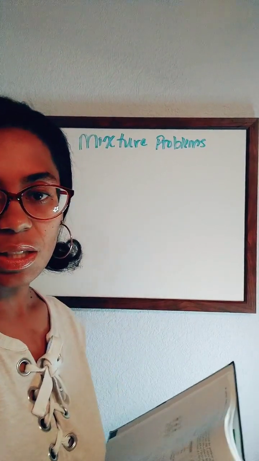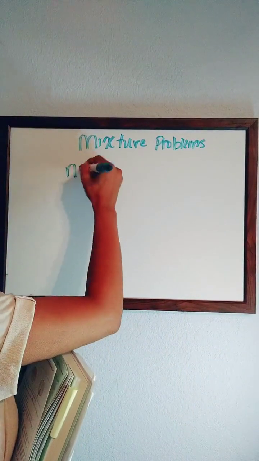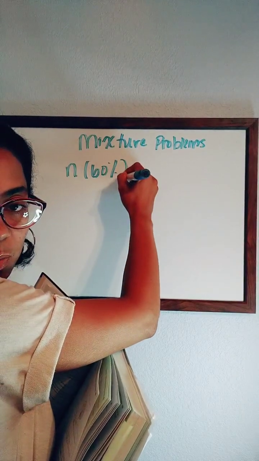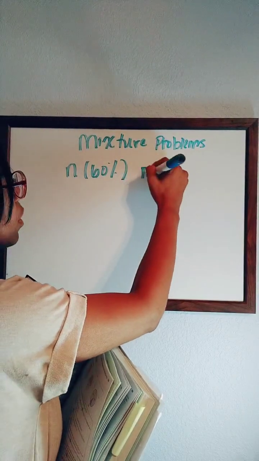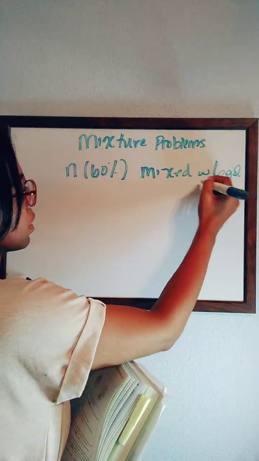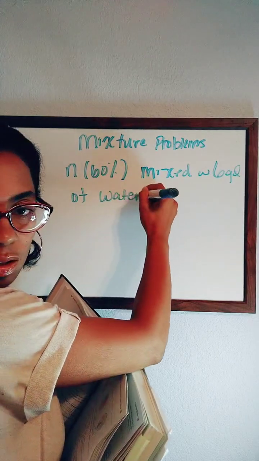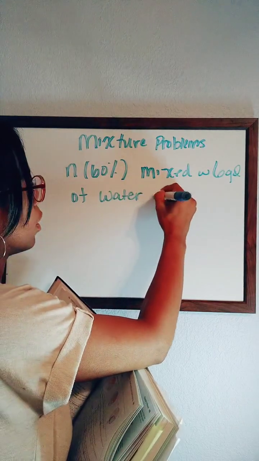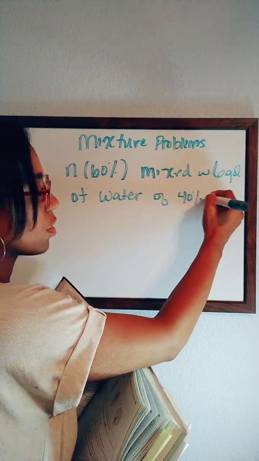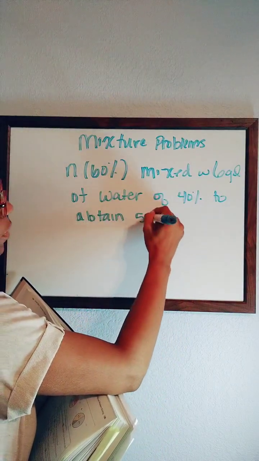So how much of a 60% orange juice drink must be mixed with 6 gallons of 40% to obtain 50%?